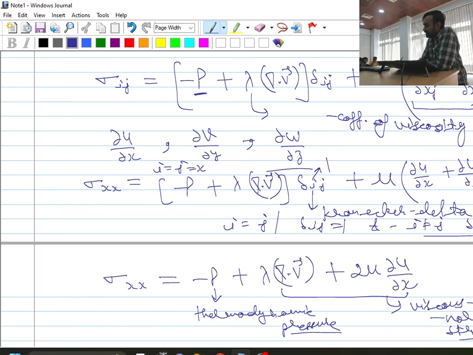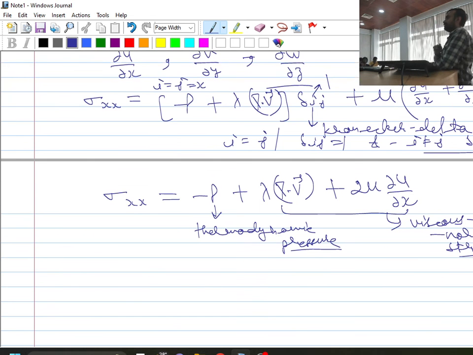Why can the normal stress have two components? First, because of the thermodynamic pressure, and second, because of the viscous normal stress. Is this point clear? Remember one thing: whenever I have considered the gravity term already in the body force, I should not include the gravity term in this formulation of pressure.